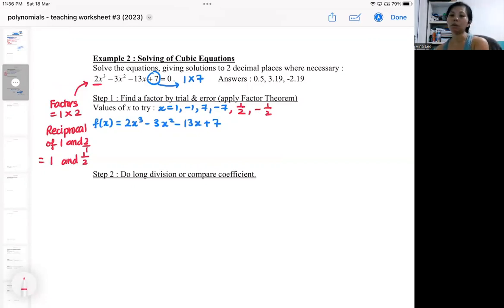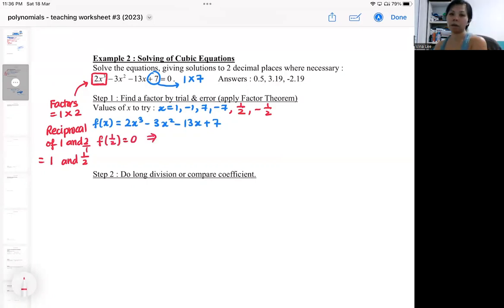If all the whole numbers fail, you try fractions based on the coefficient of x cubed: you do the factors, but you take the reciprocal. In this case, if you try either f(half) or f(minus half), you realize that this will give you 0.